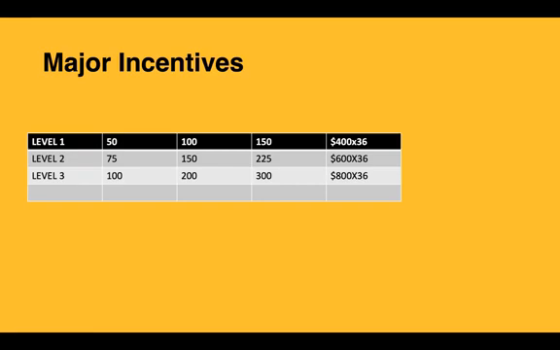Make sure you've got at least 2 lines or 2 legs that are growing together. If you have 2 legs growing together, by the time they hit manager, you will definitely achieve your car plan. You'll definitely achieve your Forever to Drive.